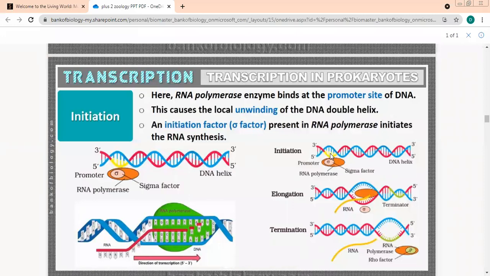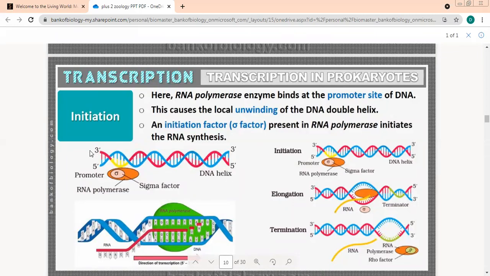Very good. Now, as soon as this binds, local unwinding will take place. Local means not in all the areas. We say this is a local market, that means it is not in the entire city, only in this area. So here, unwinding of this double strand helix is going to take place. If you can see this yellow part, this is unwinding because it attached here. So unwinding will take place only in this area.